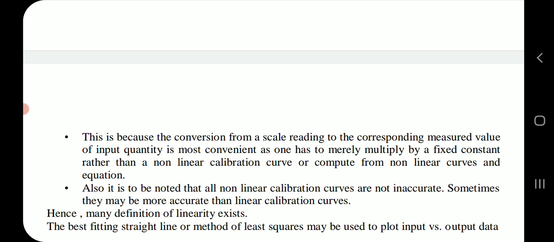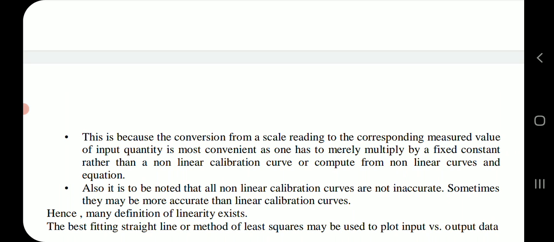This is because the conversion from a scale reading to the corresponding measured value of input quantity is most convenient, as one has to merely multiply by a fixed constant rather than use a nonlinear calibration curve or compute from nonlinear curves and equations. Also, it is to be noted that not all nonlinear calibration curves are inaccurate. Sometimes they may be more accurate than linear calibration curves.